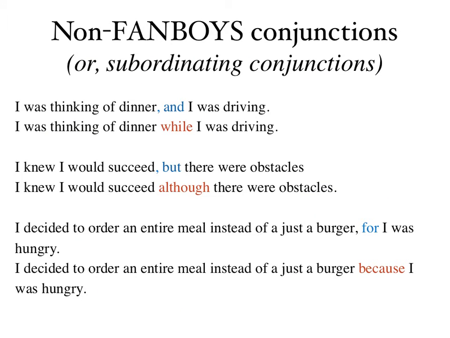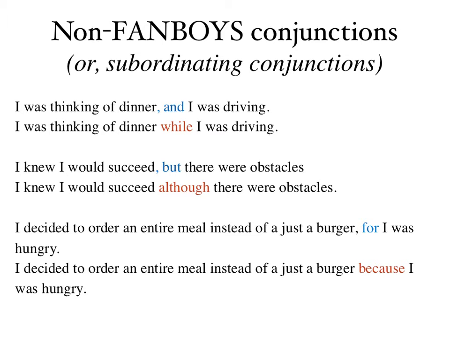Let's talk a little bit about non-fanboys conjunctions, which in grammar terms are called subordinating conjunctions. When you think about it, if somebody in an office has a subordinate, that means that person is below the other person. So one person is in a sense above the other.